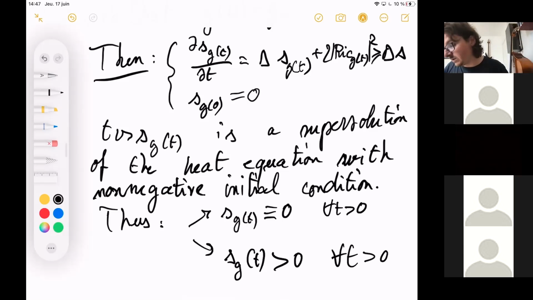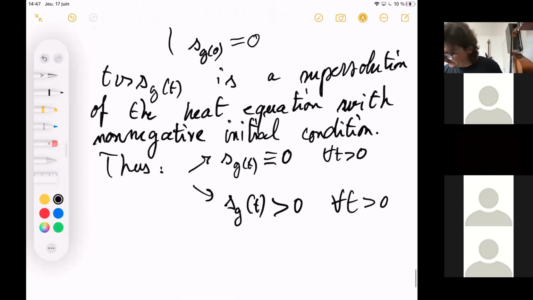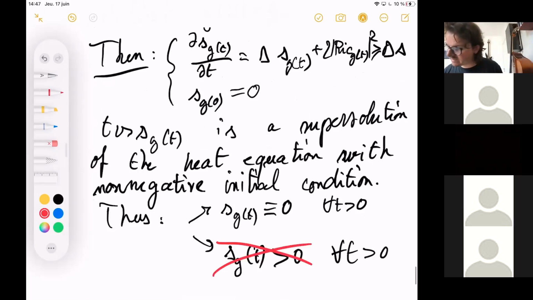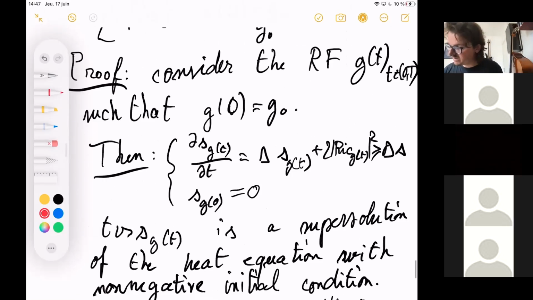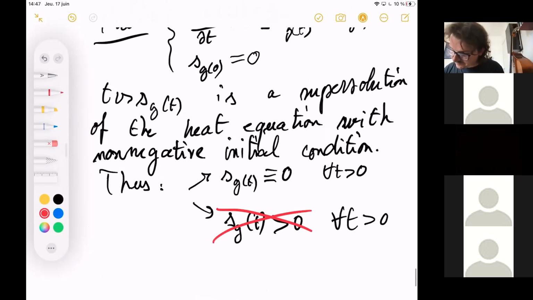And the strong one will tell you that it will become immediately strictly positive, or otherwise it will stay at 0. But this is not possible, since we have assumed that M has no metric with positive scalar curvature.